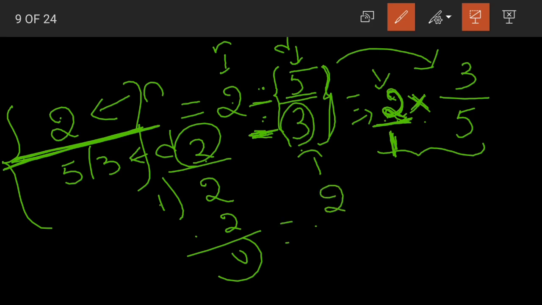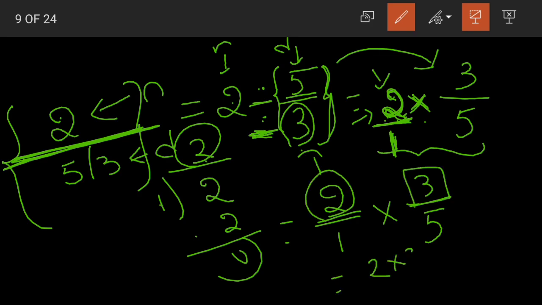Now we have these two fractions, 2 by 1 multiplied by 3 by 5. Yes students, how do we multiply fractions? Multiply both the numerators first, 2 into 3, divided by the denominators, 1 into 5.